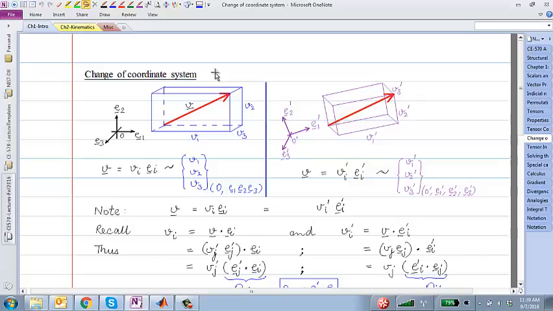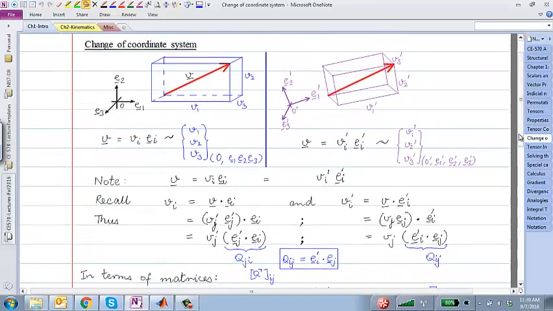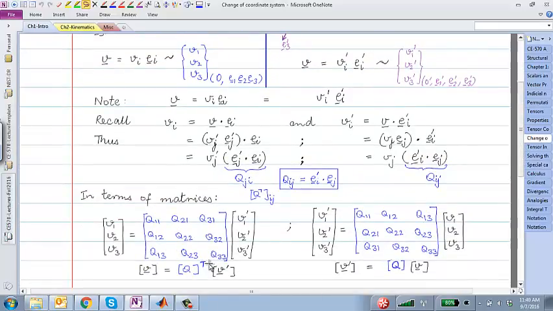So in order to talk amongst ourselves about the same physical quantity with possibly different coordinate systems, we need to come up with a way to convert one set of components that refer to one coordinate system to another set of components that refer to another coordinate system. And we saw that this process of conversion is very easily captured by this matrix of numbers Q. This Q matrix is a transformation matrix.